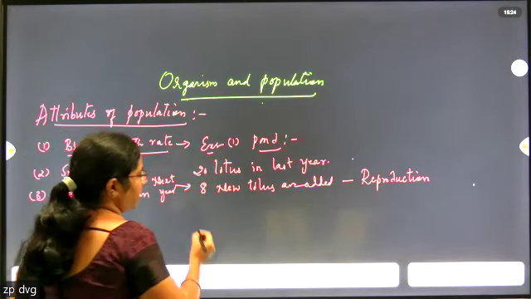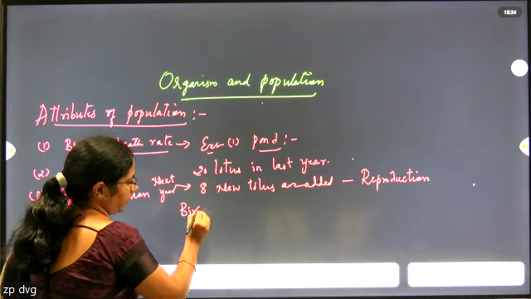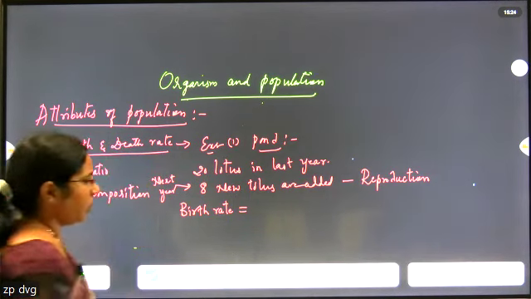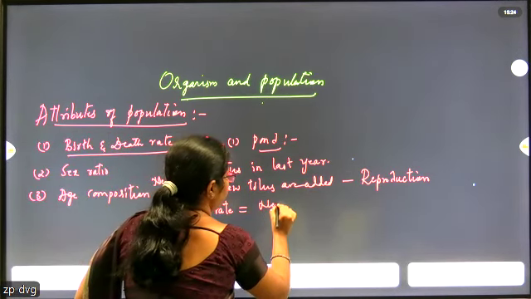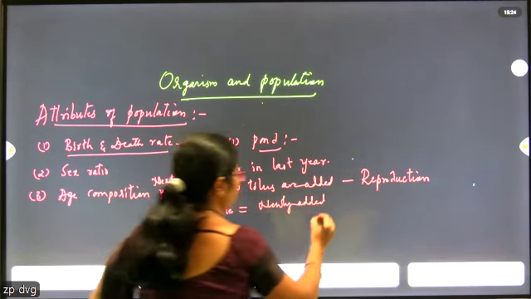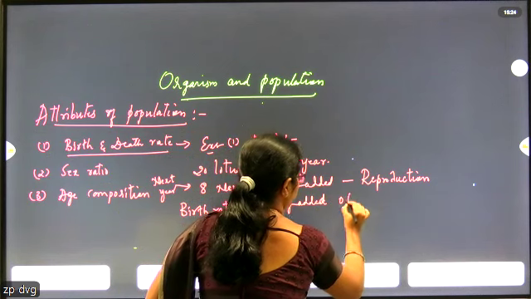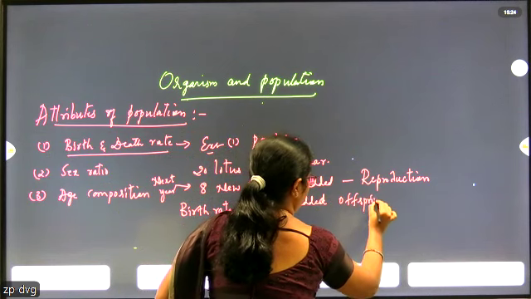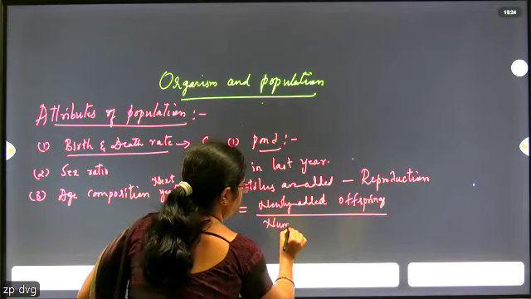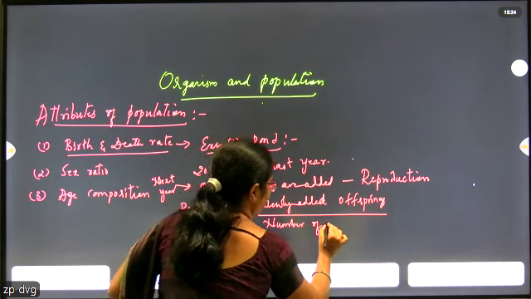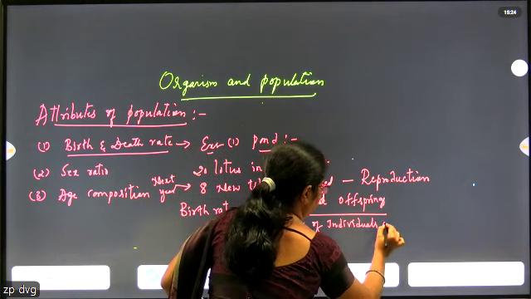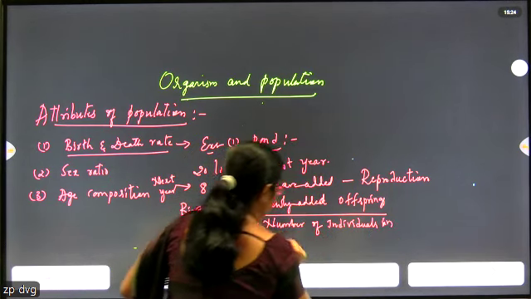Birth rate can be calculated by using the formula: newly added offsprings divided by number of individuals in last year.